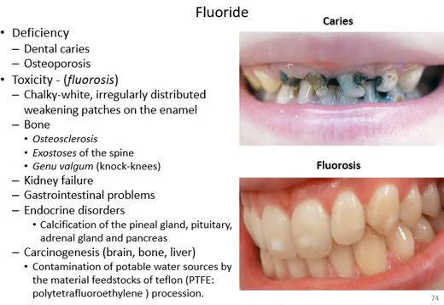Fluoride is a well-known factor, typically the deficiency, since you know that it's an important component of the enamel as fluoroapatite, but it is also important to emphasize that equally important is the toxicity, which was pretty recently clarified.